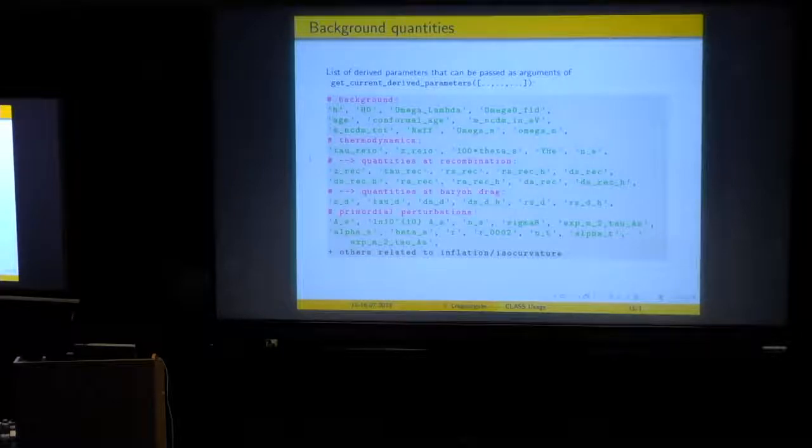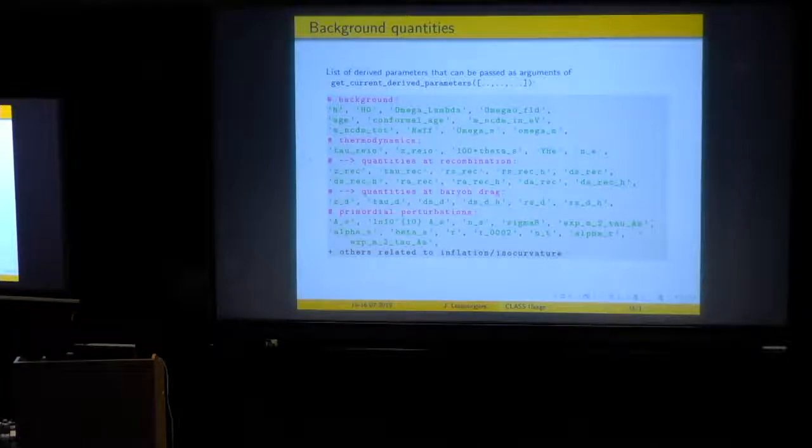In the background module, CLASS will always store the omegas and h in different formats, some h variables. This will be the mass of neutrinos in electron volts. Maybe you don't know it because you passed omega of massive neutrinos. Then the mass in electron volts was computed for you by the code, and this will give it to you in electron volts or in some other units.